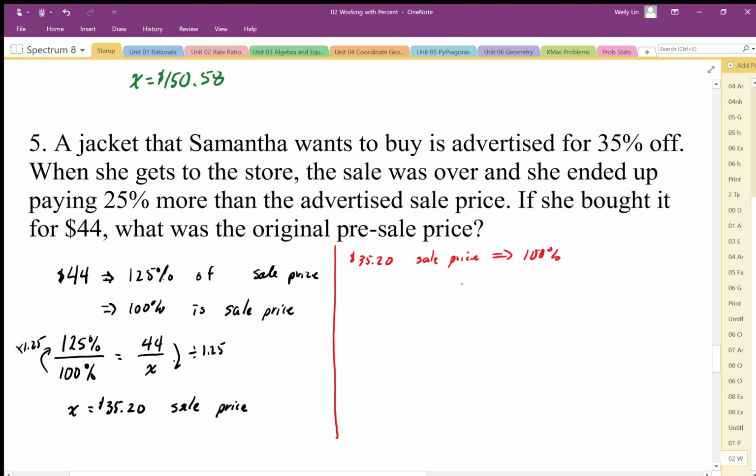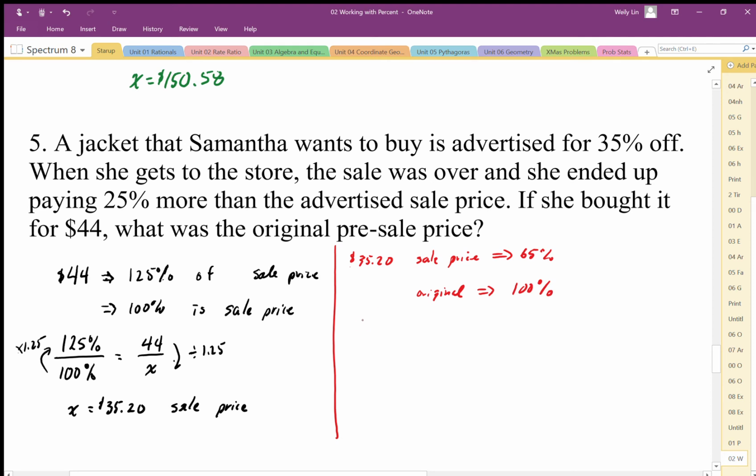And then the original price, the 100% price, I'm going to say the sale price represents the 65%. So again I have a ratio comparison.